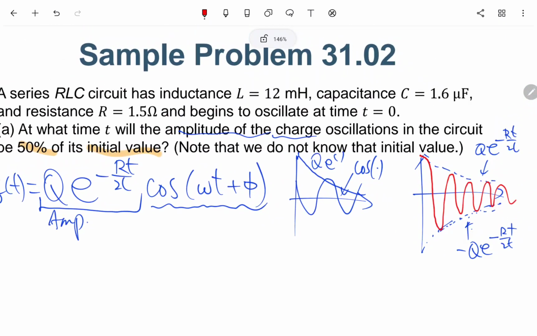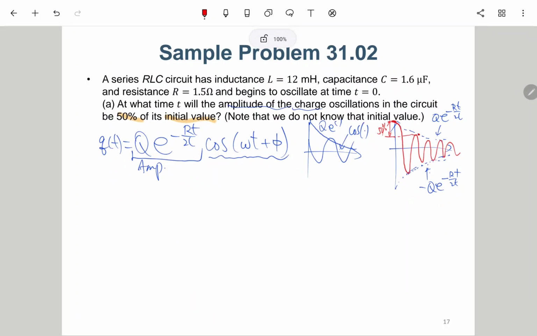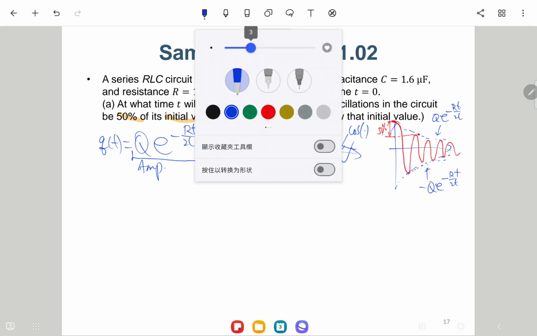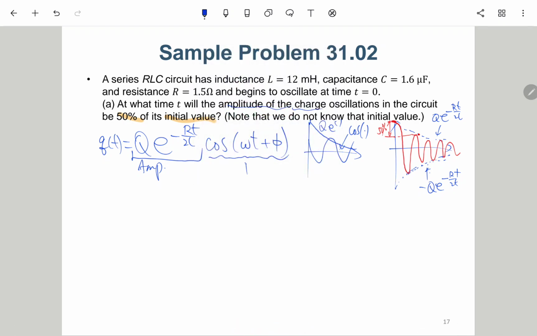So the question gives the initial value like this, and asks when it goes to 50%, how long does it take? Actually it doesn't relate to the cosine part, only to the amplitude part.